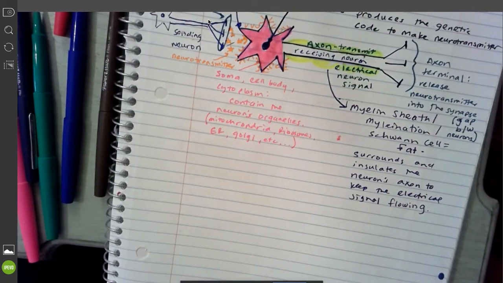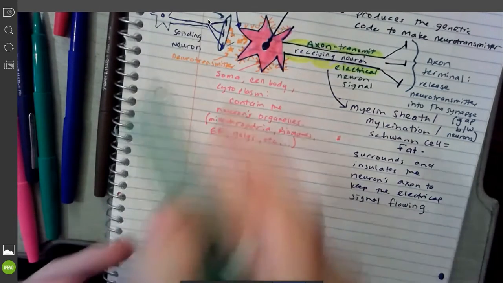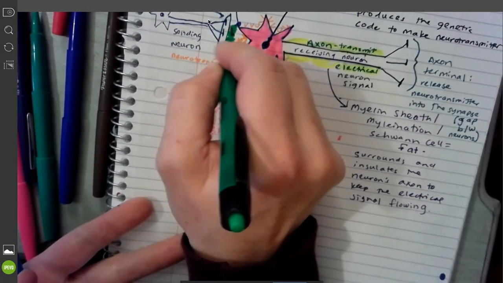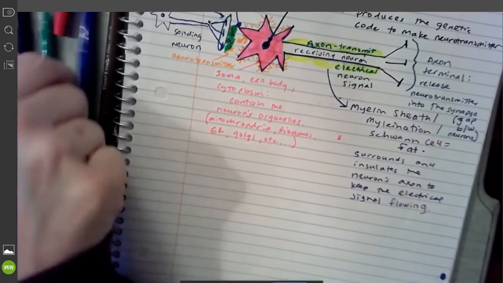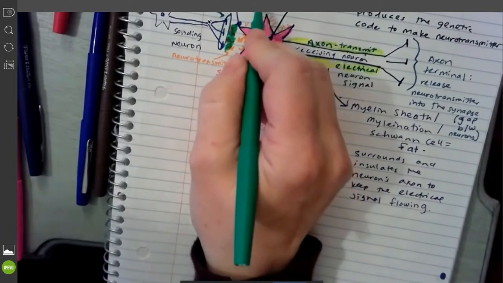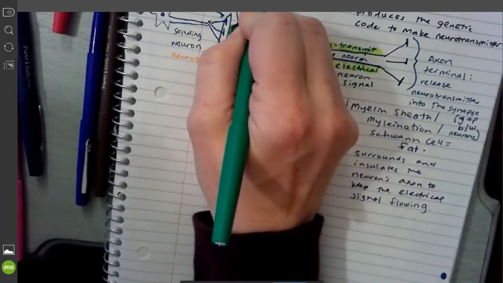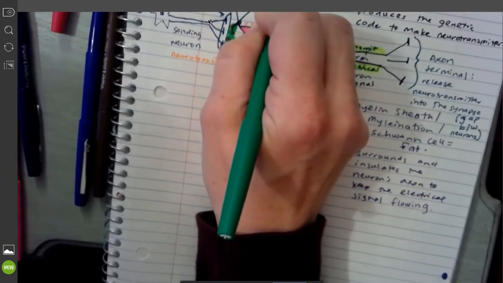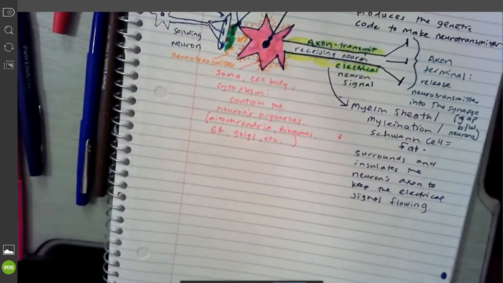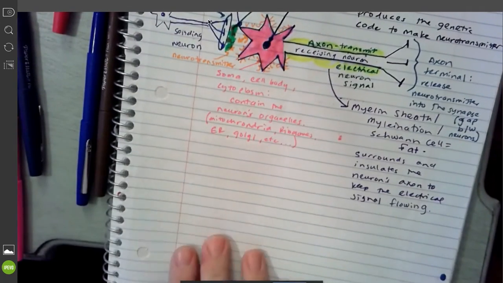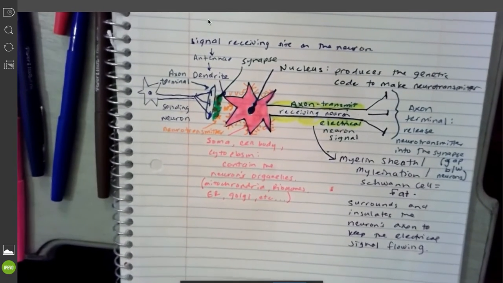I'm going to label the synapse over here. Right there. That is just another image of a synapse. Okay, that is a neuron, a brain cell in a nutshell.